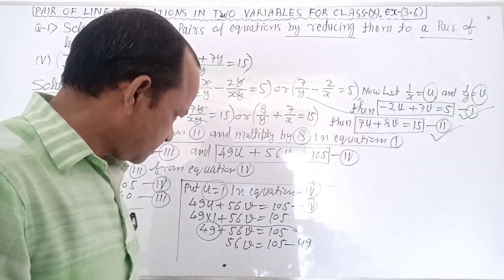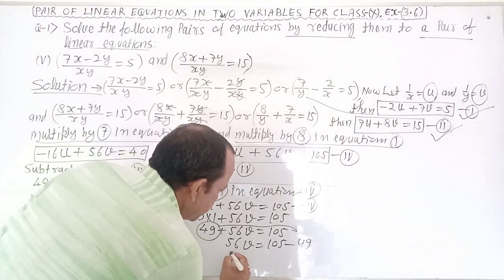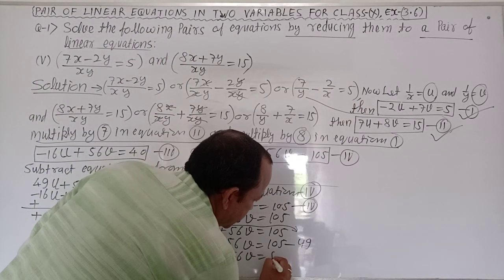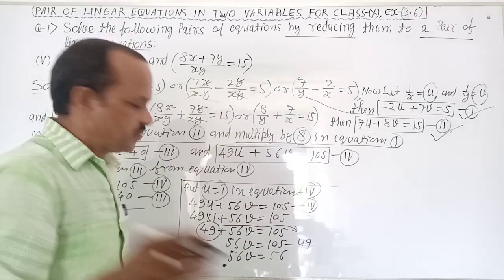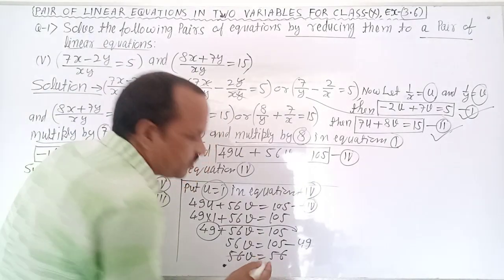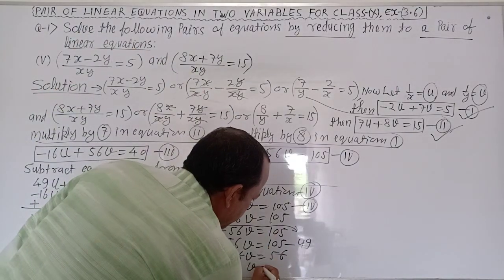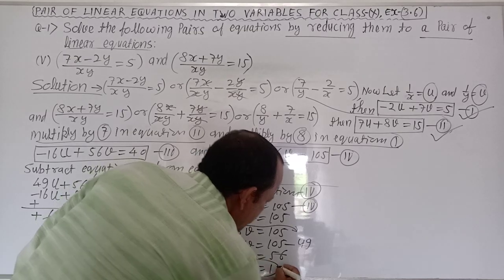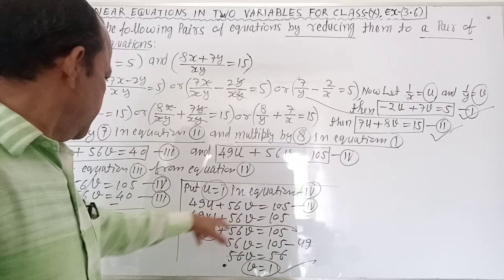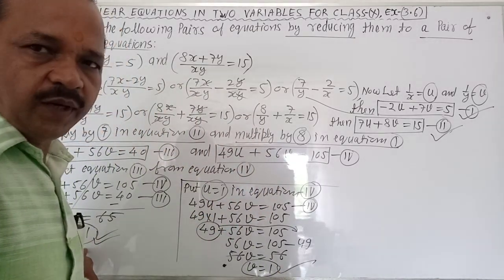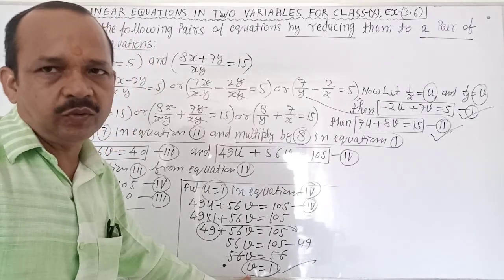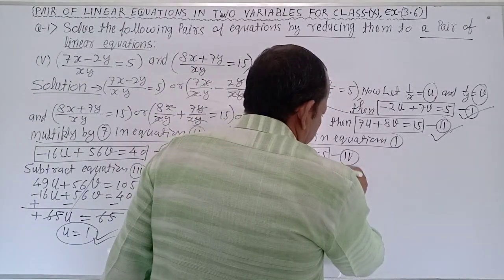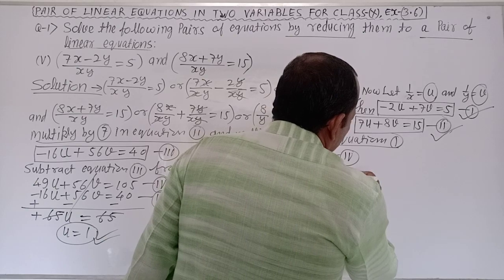Clear? 56v equal to 56, you cut 56 and 56, you find v equal to 1. You find u equal to 1 and v equal to 1.